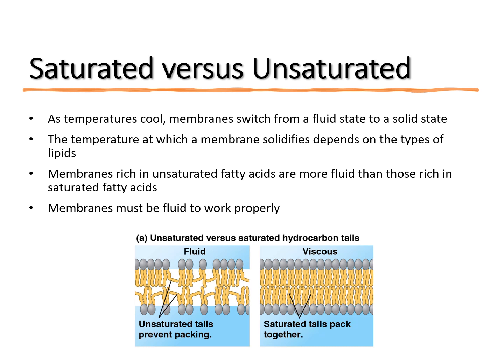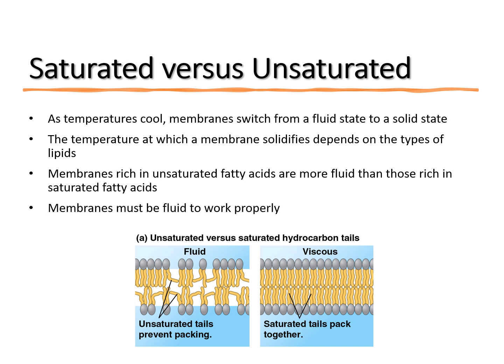And the temperature at which a membrane solidifies depends on the types of lipids that are present in those fatty acids. So membranes that have a lot of unsaturated fatty acids are going to be more fluid at cooler temperatures than those that are rich in saturated fatty acids.